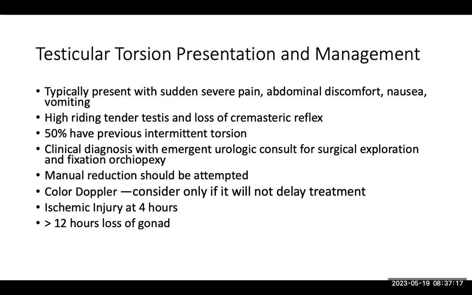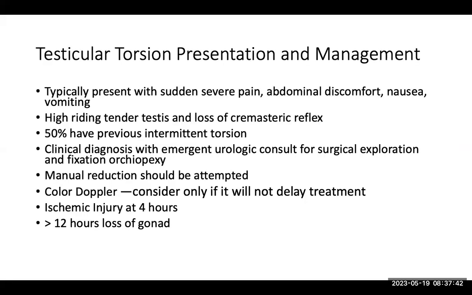And so torsion is diagnosed clinically, and requires a prompt evaluation with the urologist. It can be diagnosed with color Doppler, but only if you are very unsure. Getting imaging should not delay treatment if you do truly think that it's a testicular torsion.